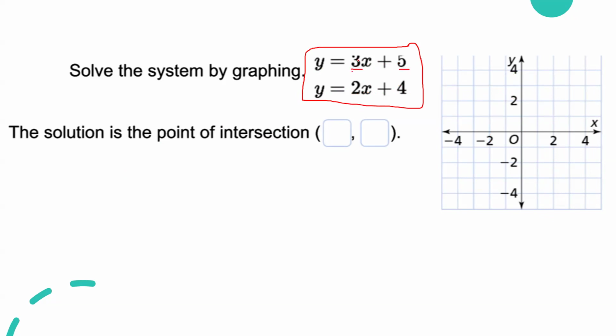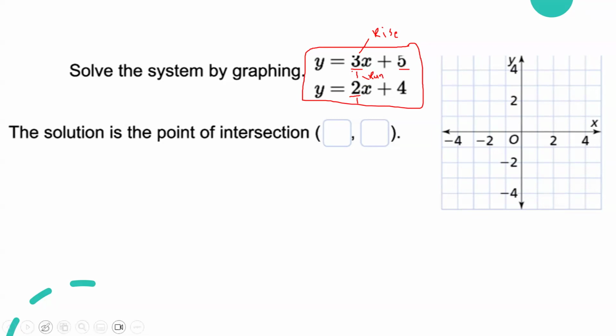If your slope is not a fraction, if it's a whole number, put it over 1. It will not change the value of the slope, because we need our rise and we need our run in order to plot those points.